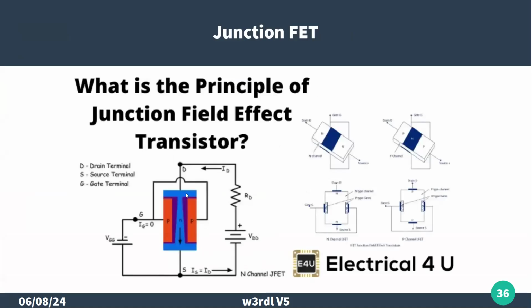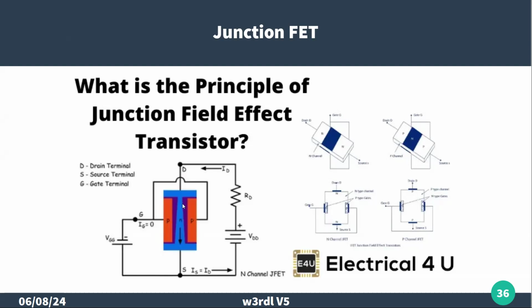When we look at kind of a cross section, you can see that this N channel device with the P on each side that the gate is connected to, is creating an electric field between these two. And that kind of purple area is showing how it can sort of pinch off that region.